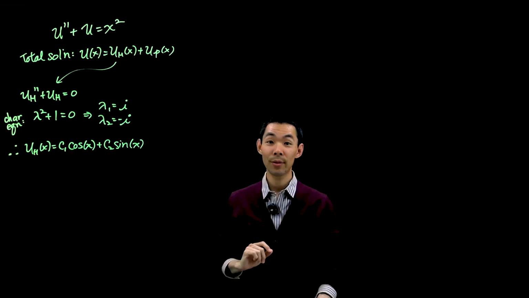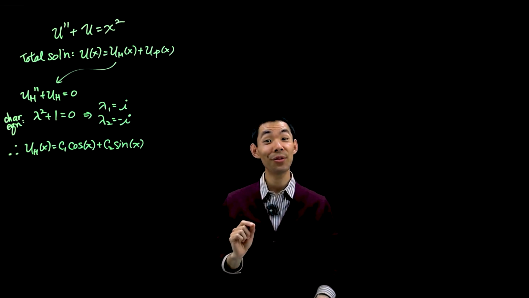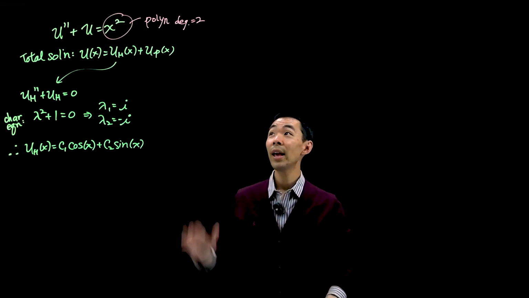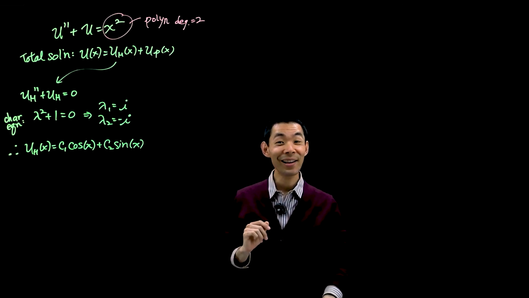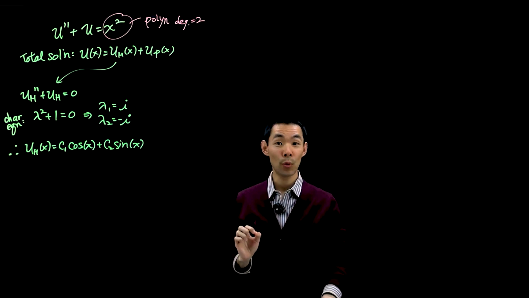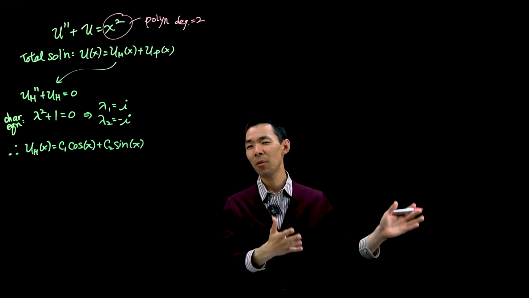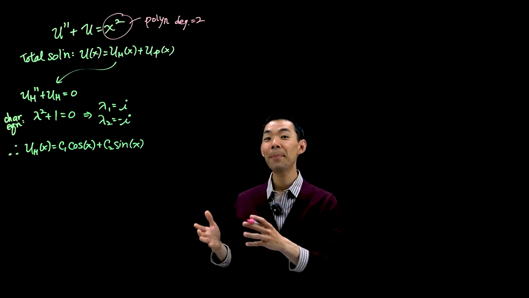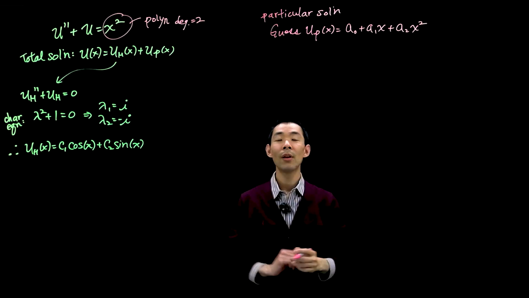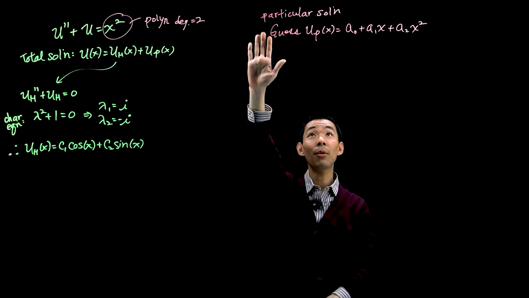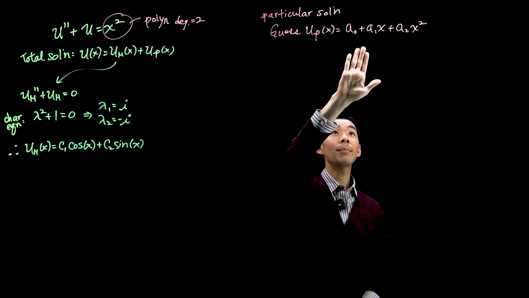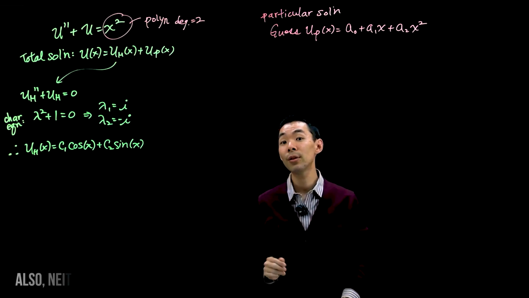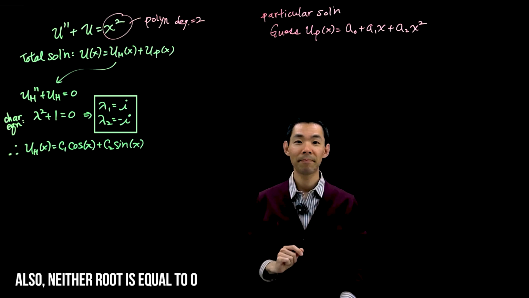Now we need the particular solution. We just covered how to do that. In this particular case, we have a polynomial g of x with degree equal to 2. So according to that table that you just took a screenshot of, we should guess a polynomial form up to degree 2. So our particular solution is simply going to be a0 plus a1x plus a2x squared, because we have a polynomial of degree 2 for the right-hand side g of x.